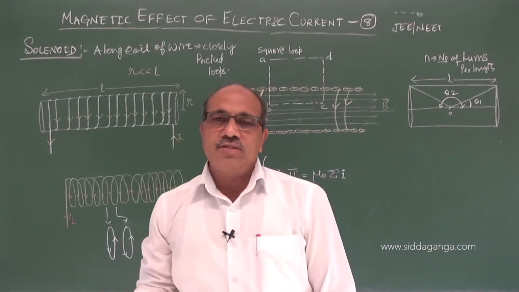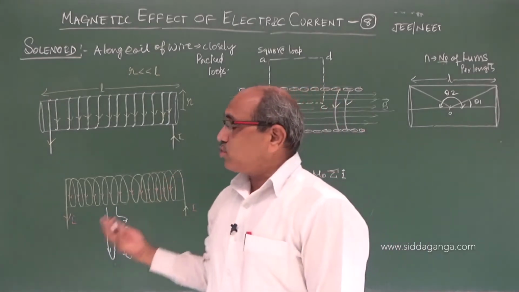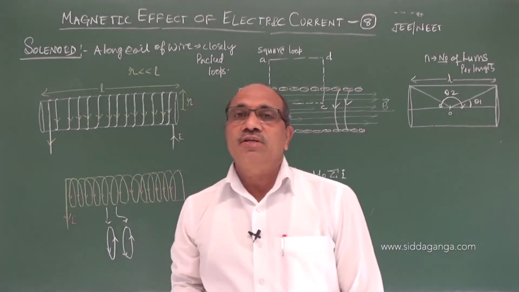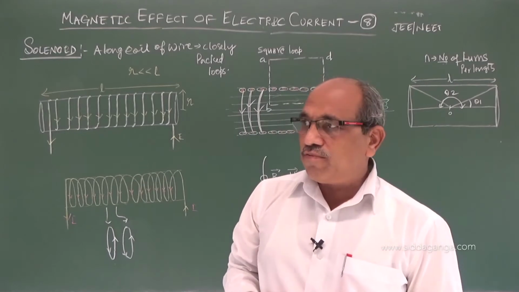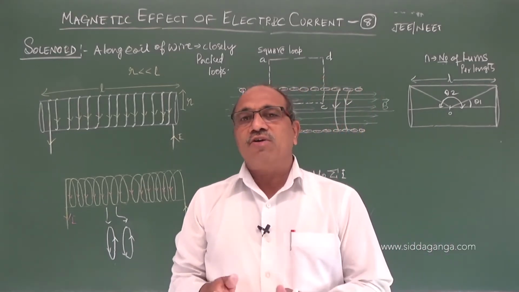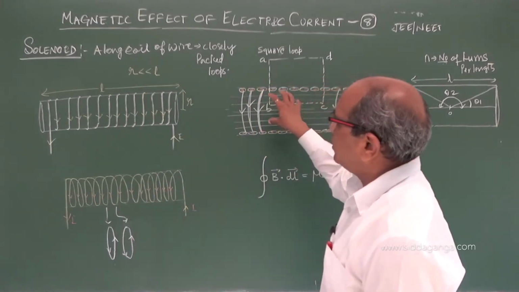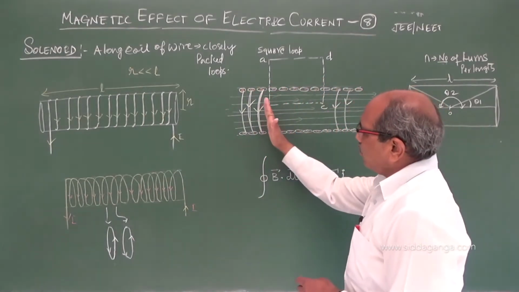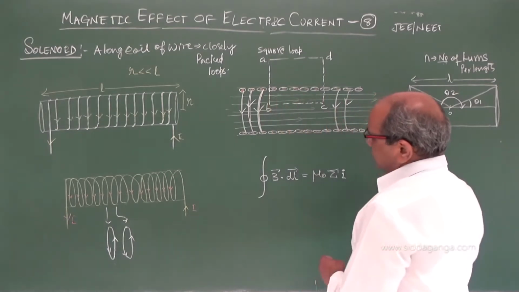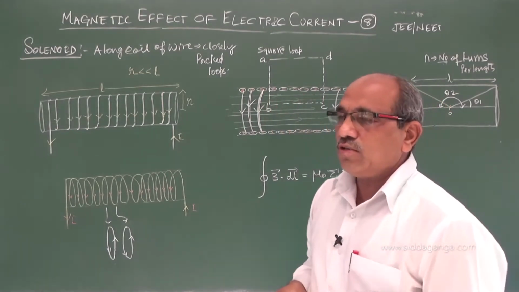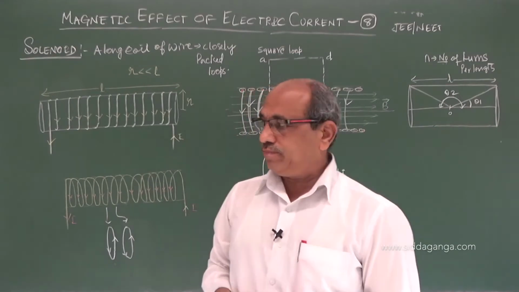Out of the various devices which produce a magnetic field, the uniform magnetic field over a long range is available in a solenoid. Within the solenoid, when it carries current, over a long distance along the axis the magnetic field is almost uniform.